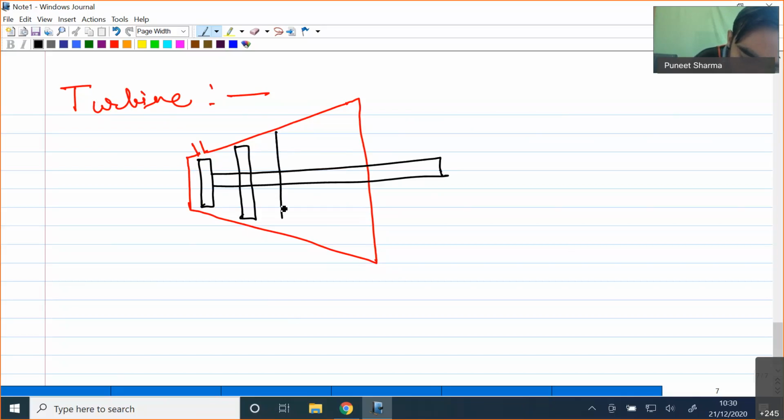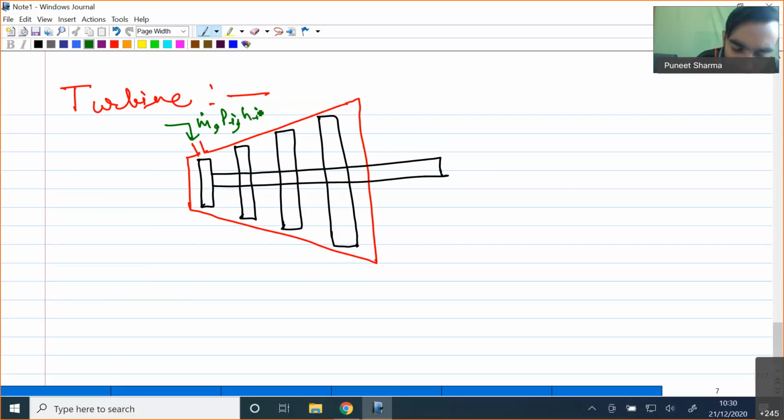So we have rotors inside, and these rotors are mounted on a common shaft. Now at this point, while our working fluid is entering, it will have, say, mass flow rate m dot, and it will have some high pressure Pi, enthalpy Hi, and some velocity Vi bar.